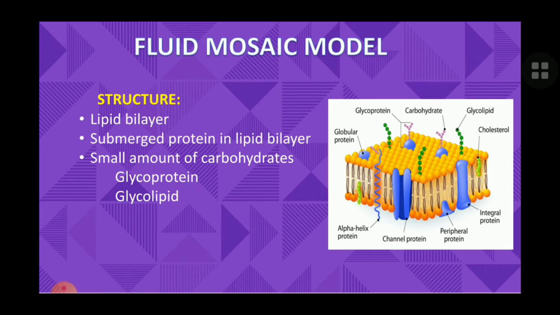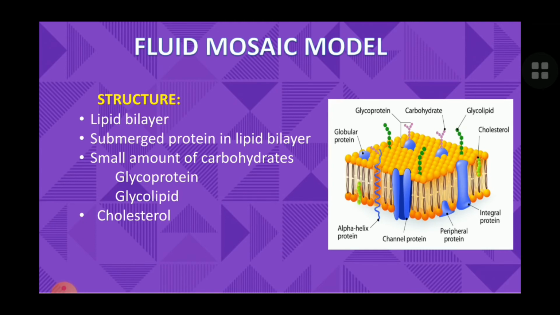Glycoproteins are shown with the red bead-like structures, and these are molecules formed by the combination of carbohydrates and proteins, while the glycolipids are formed by the combination of carbohydrates and lipids, and are shown with the green bead-like structures in this picture.